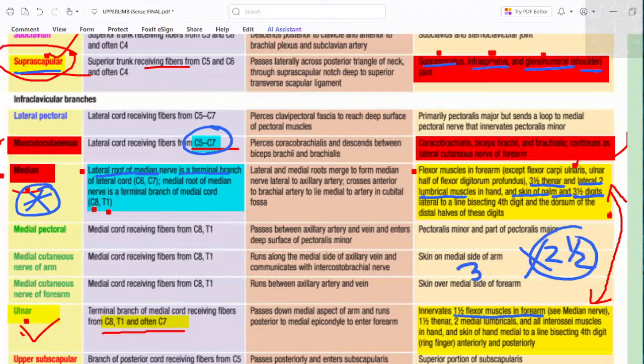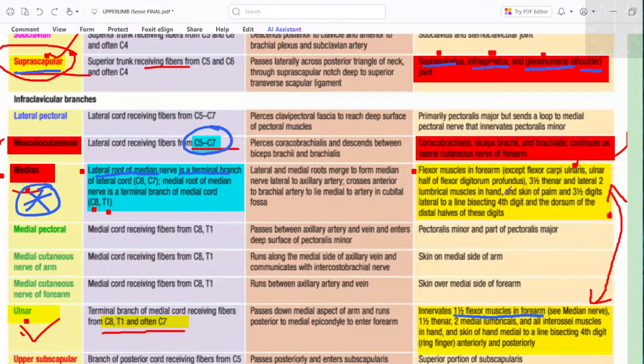Always it is 3.5. Just remember the 3.5 digits and the lateral two lumbricals. We will see the picture, it will be more clear.